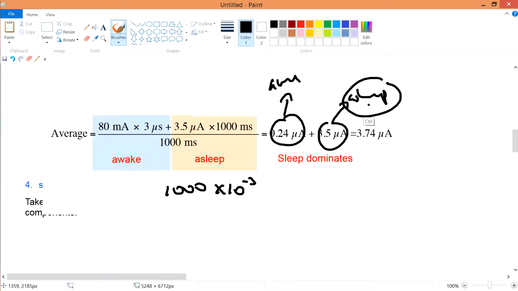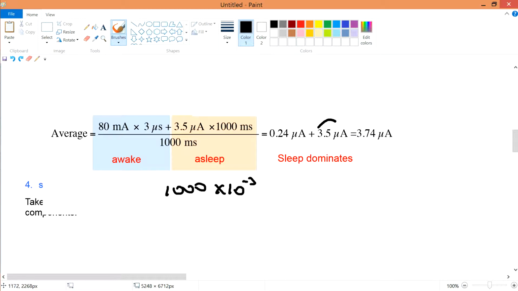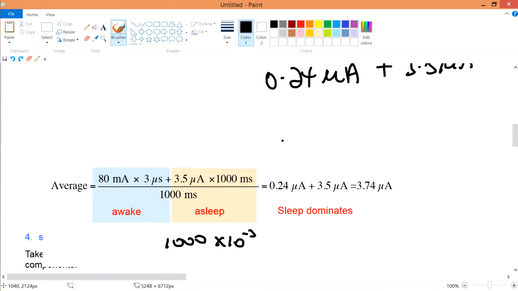When you're asleep, it is taking in more current than when awake, then it's considered a sleep dominant system, because you sleep more than you take in information. More proof is that when you sleep, you take in more current than when you're taking in data. When you're awake and taking in data, you are using less current than when you're sleeping. So this is just a way of saying things.